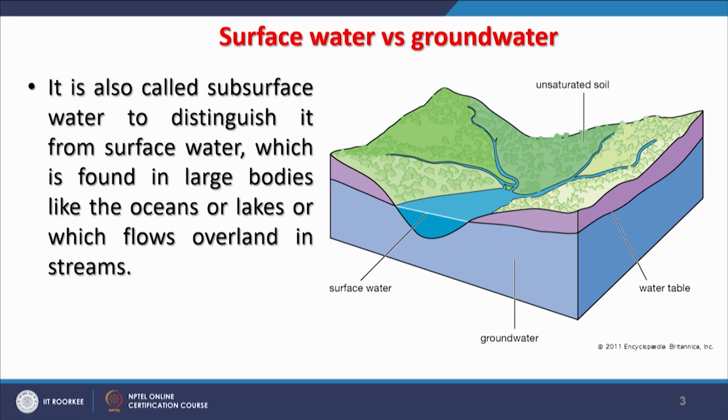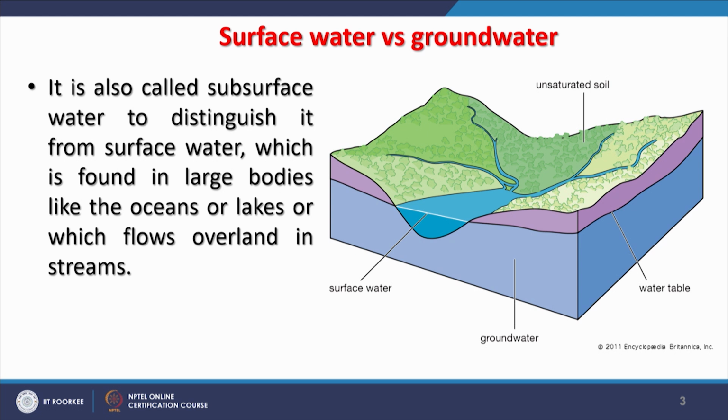That may be in the soils, or below the soils you will have the geologic strata, meaning different types of rocks. That water we call groundwater. Sometimes in literature you will also find a different term used, which is called subsurface water, because it is the water available in subsurface conditions.